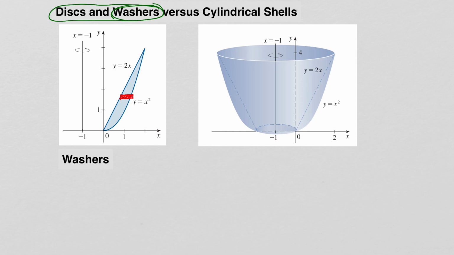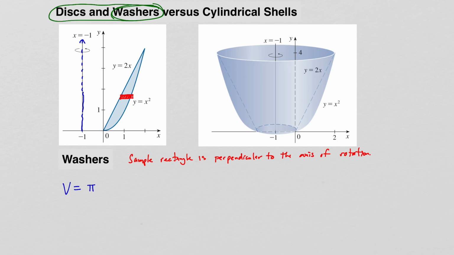That is the major key point of the difference between the two methods. So we draw that sample rectangle perpendicular to the axis of rotation. Again, the axis of rotation in this case is x equals -1. Now, the method for washers is a completely different method and has a completely different formula.